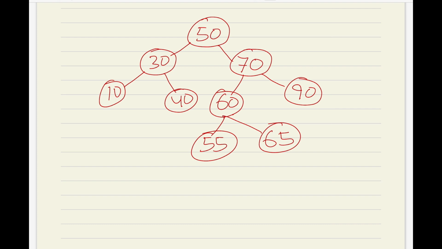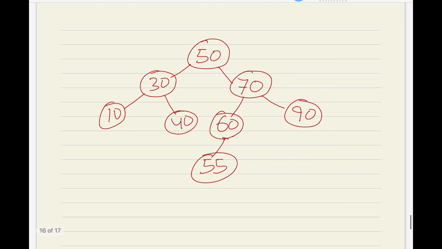So for one child, let us consider this example. Suppose we want to delete 60, and here 60 has only one left child, that is 55.